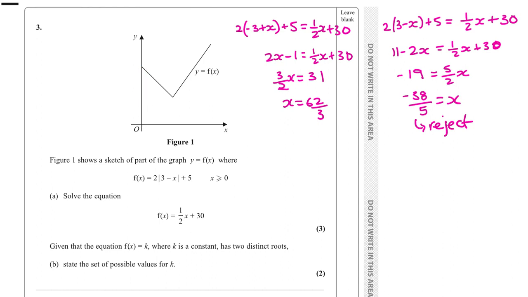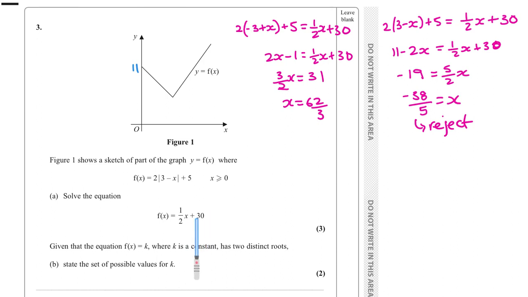Yeah, brilliant. This is 11, because this is when x equals 0. If I put 0 in here, I get minus 0. So 2 times 3 plus 5 is 11. So we know this is 11, okay? Now, if we have a look at our equation, we get half x plus 30.